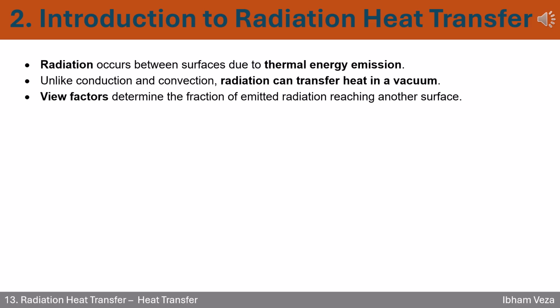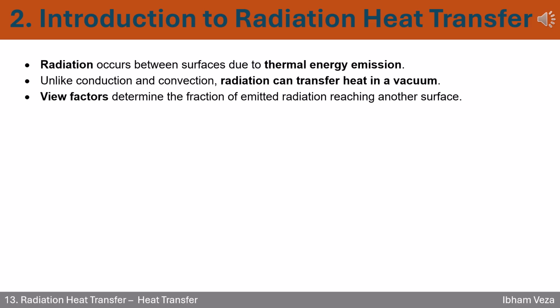This is how you can feel heat from the sun, even though it's 150 million kilometers away. The key difference between radiation and other types of heat transfer, like conduction or convection, is that radiation doesn't need any material medium. It can travel through a vacuum. A perfect example is space, where there's no air, but the Earth still gets warmed by the sun.